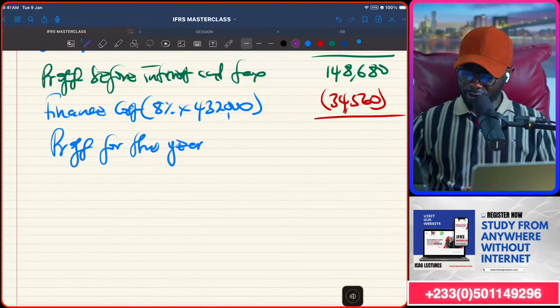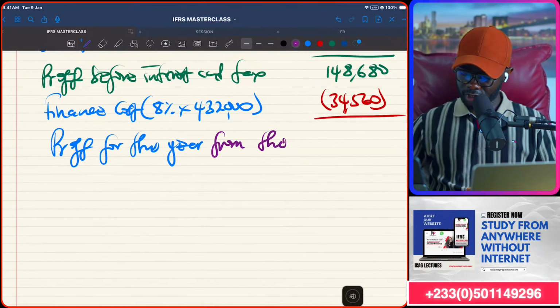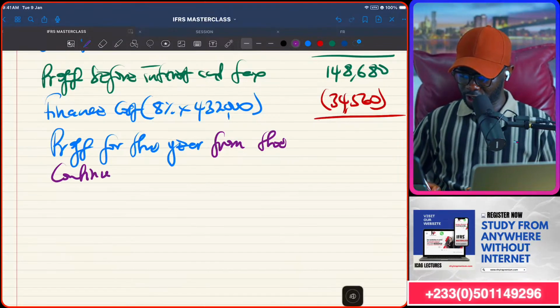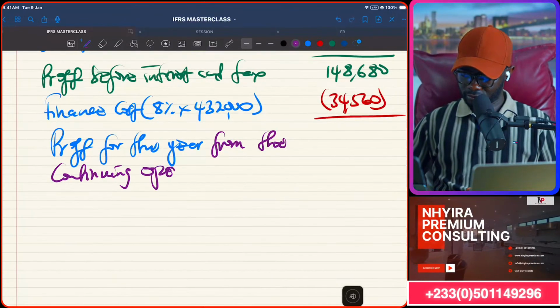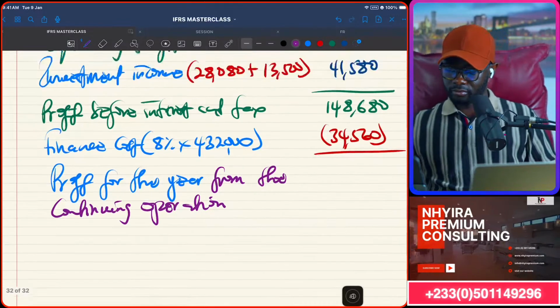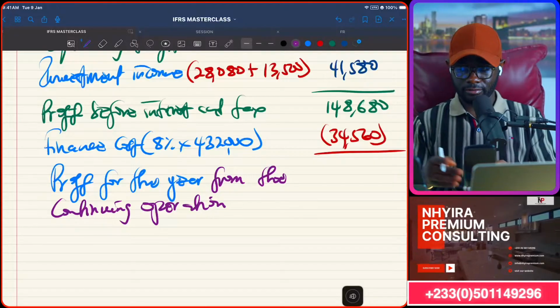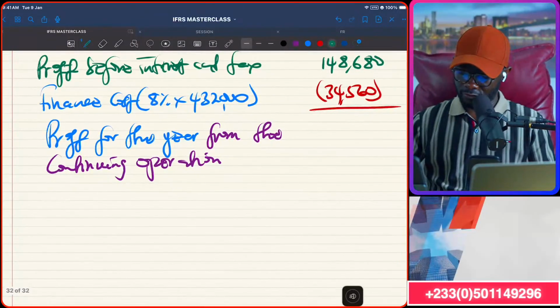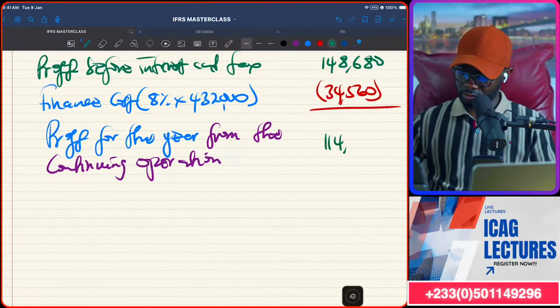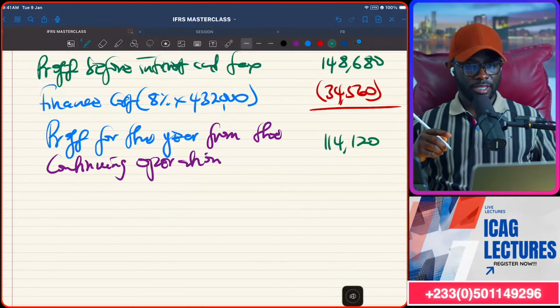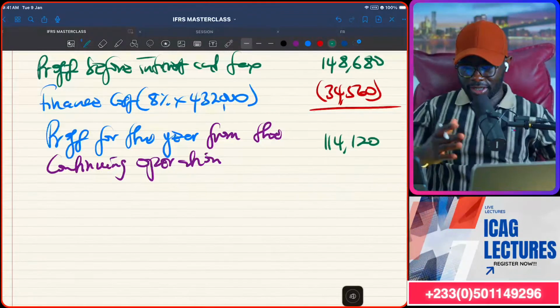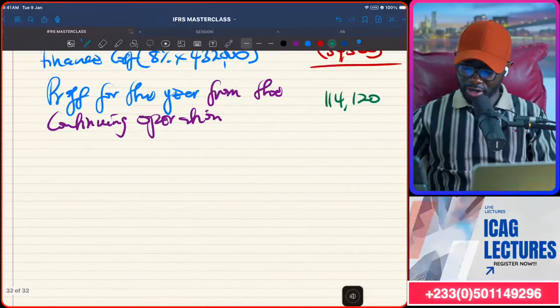Remember, this is profit for the year from the continuing operation. So 148,680 minus 34,560, and that is 114,120.